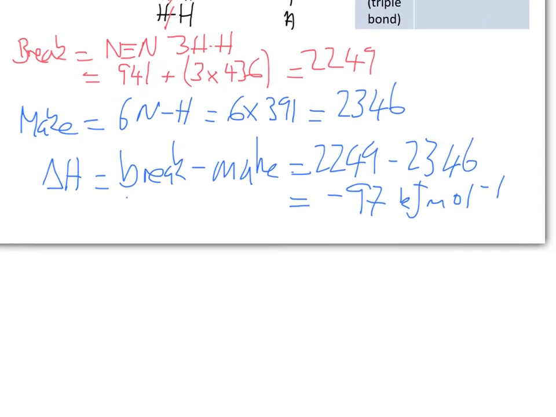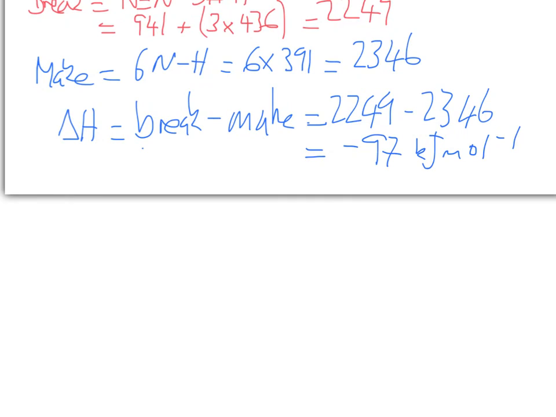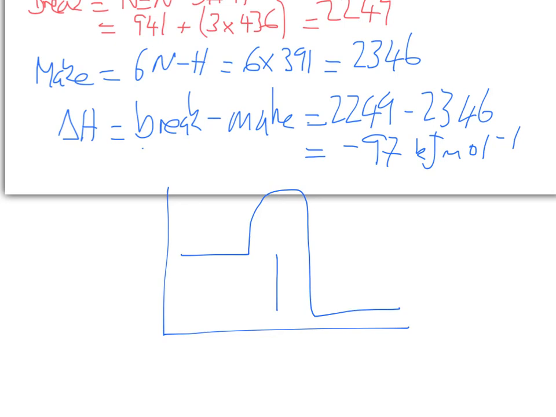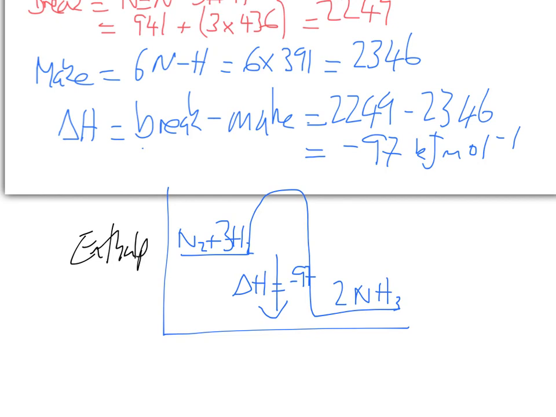So we've not got too much room here, so here's N2, 3H2, it goes down, so delta H equals minus 97, and the products were 2NH3, and we've left off labels, so let's label that enthalpy in kilojoules per mole, and this is progress.